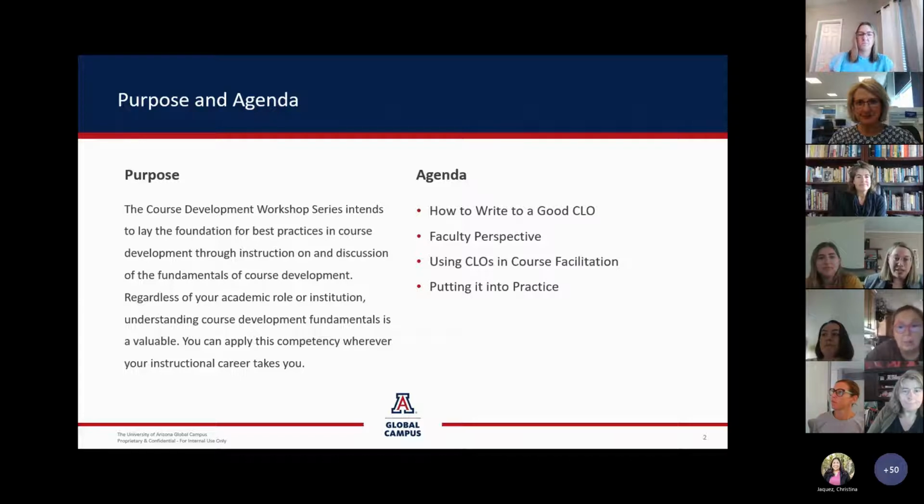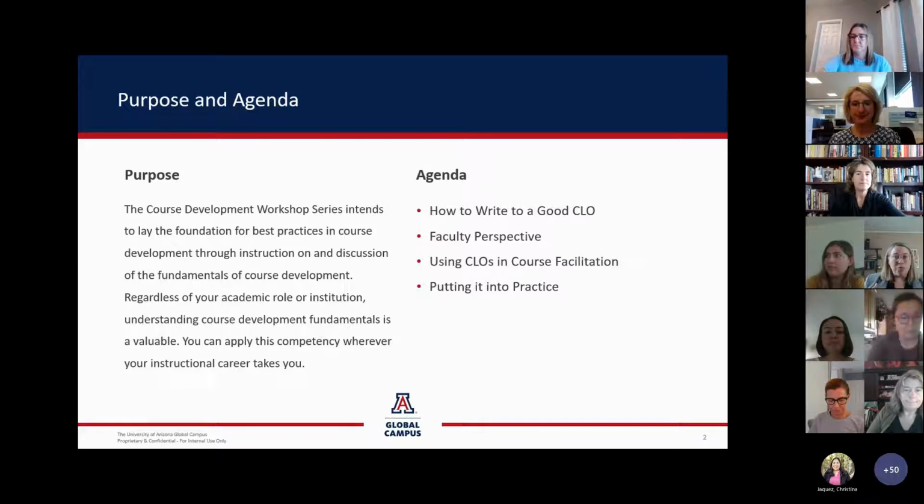And regardless of your academic role, or the institution that you work full-time for or part-time for, understanding our course development fundamentals is valuable to many positions, not only in our institution, but at any institution. So becoming competent in this area is a valuable skill that you can use throughout your career.